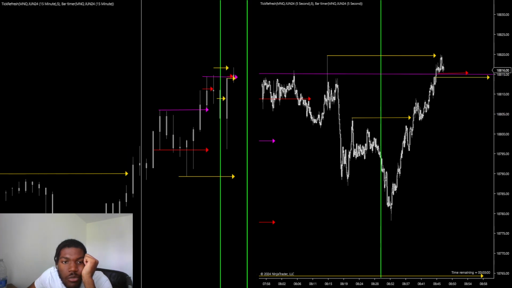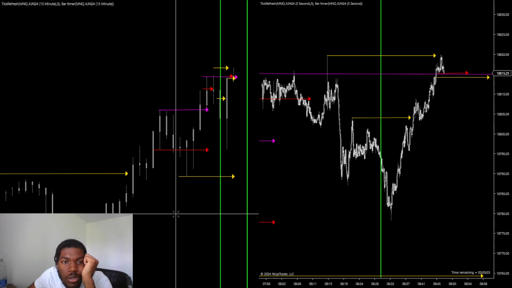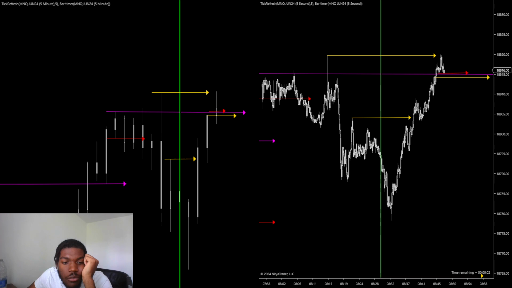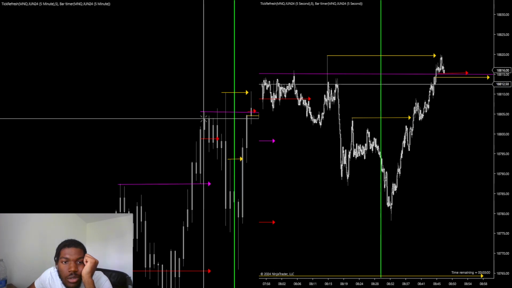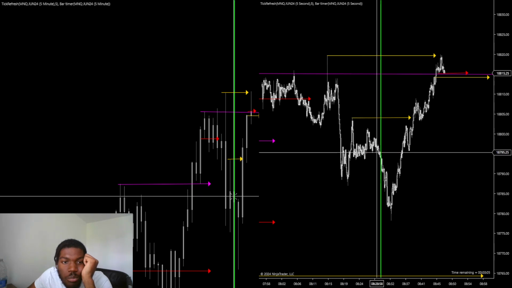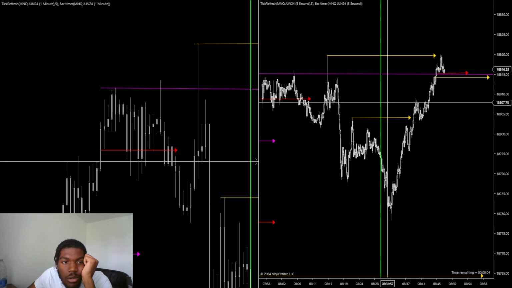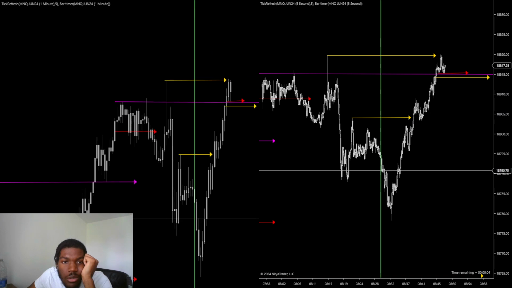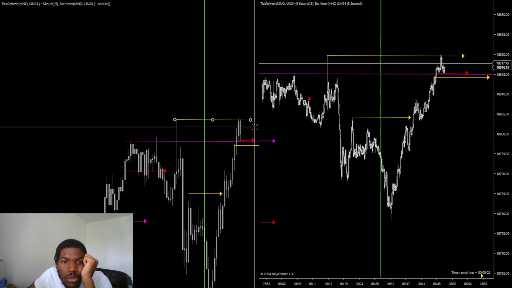This purple line is coming from the 5 minute. And we've seen multiple. Then we saw this. Okay, so that's a structural high on the 1 minute. Say no more.